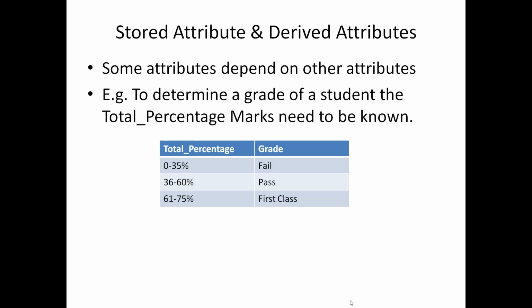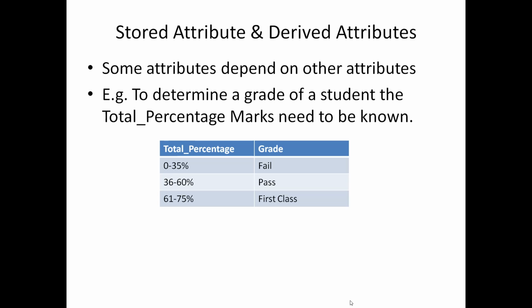Then we said there is something called a stored attribute and a derived attribute. A stored attribute is not dependent on any other attribute. It is directly stored in your data or in your database. But a derived attribute will depend on some already stored attribute. So for example, you will store the percentage of a student in a database, right?